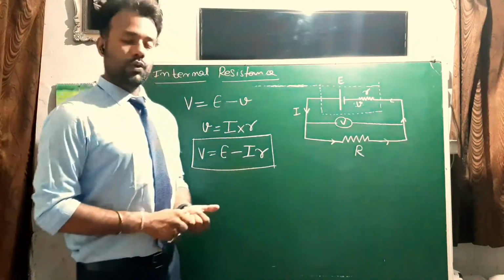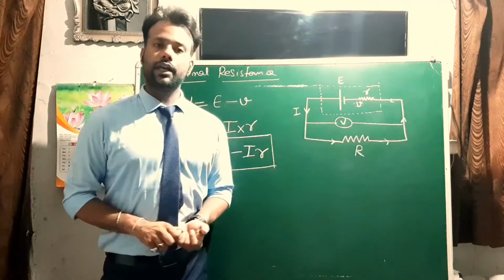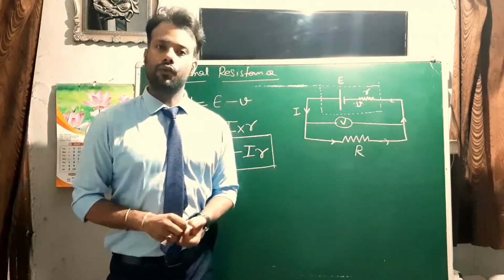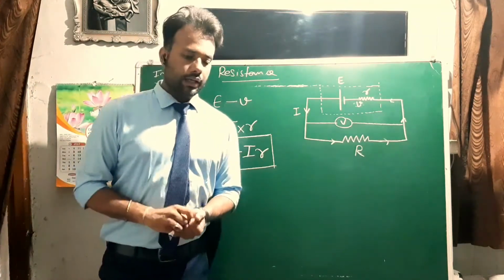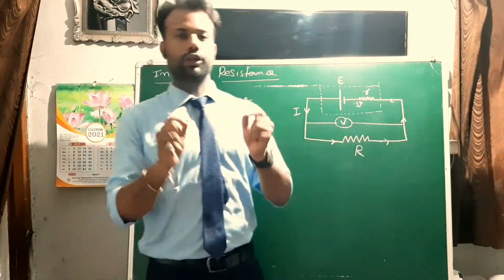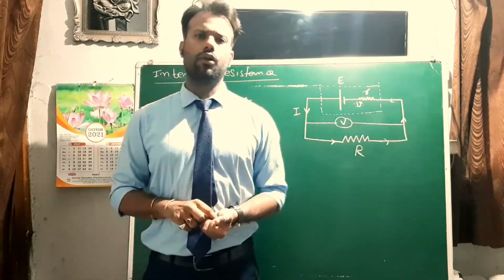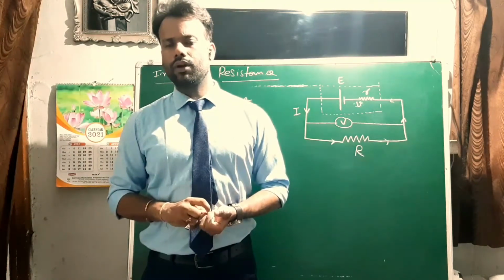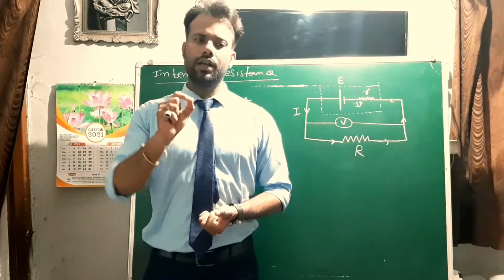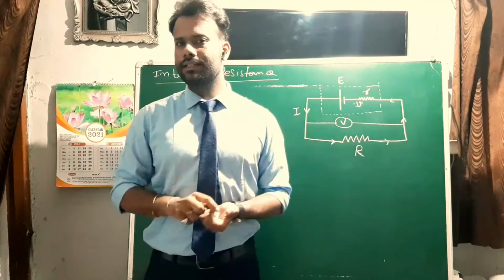This expression shows one thing, that if the EMF of the cell is, let's say, 5 volt, then if you connect the voltmeter across the terminal, you will not get the value 5 volt. Why? Because some potential is dropped inside the cell.